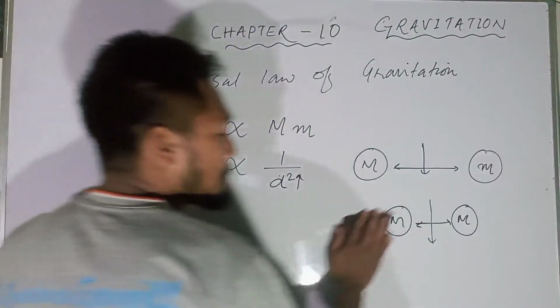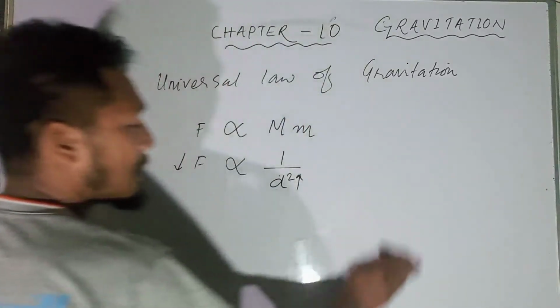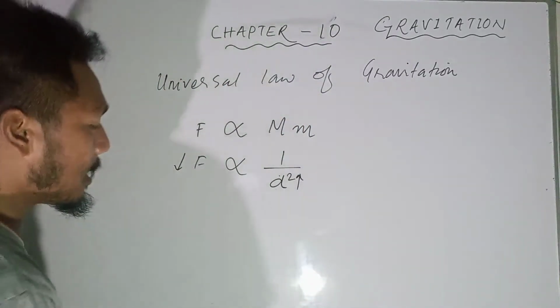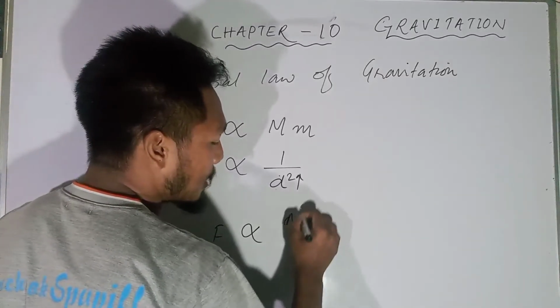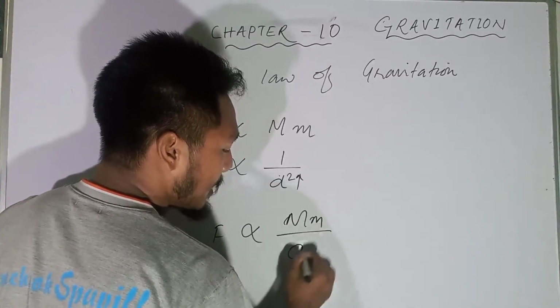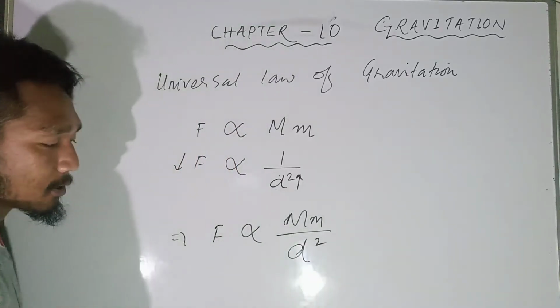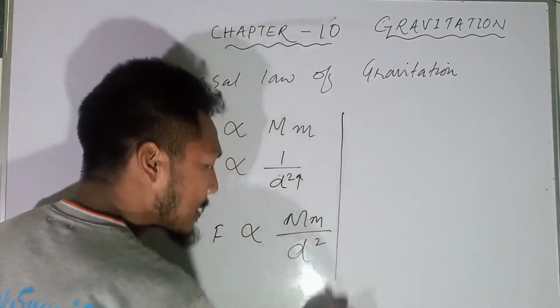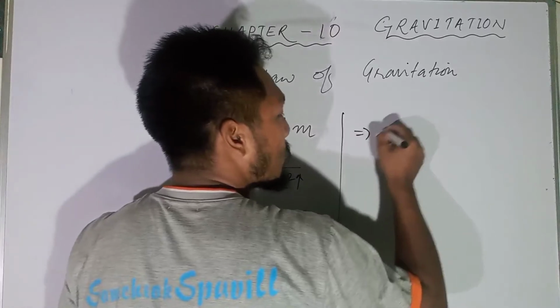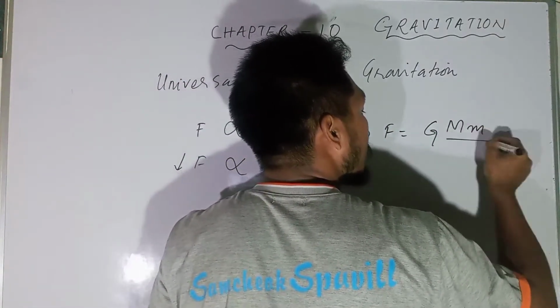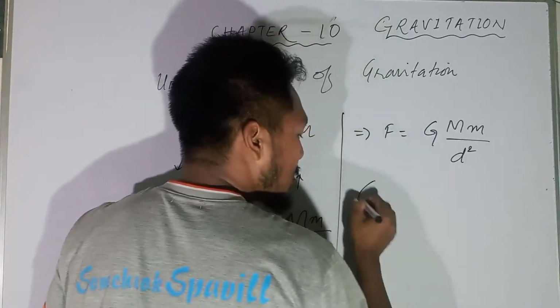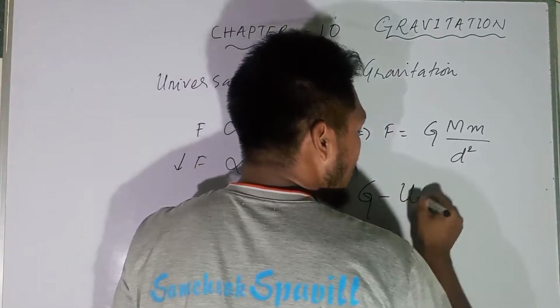So for the two objects with these masses, we can equate: force is proportional to the product of the masses divided by the square of the distance. That is F = G M m divided by d squared, where G is a universal constant.